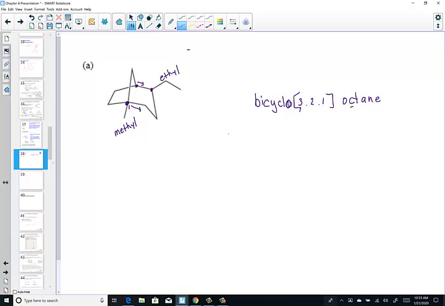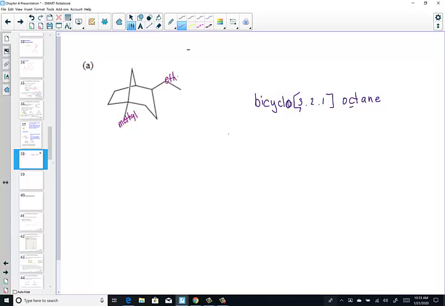Carbon 1 is the first in that cyclic structure. Carbon 2, carbon 3, carbon 4, carbon 5, 6, and 7 would be up here. I missed one. That was apparent because I named it octane and ended up with only 7.